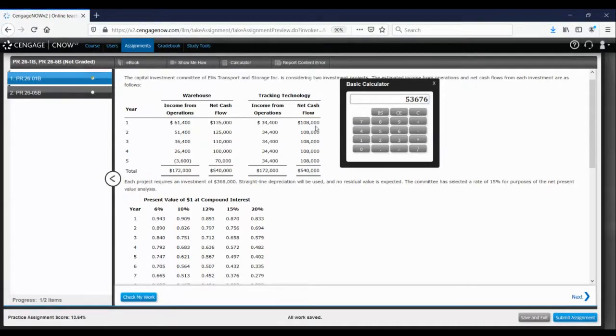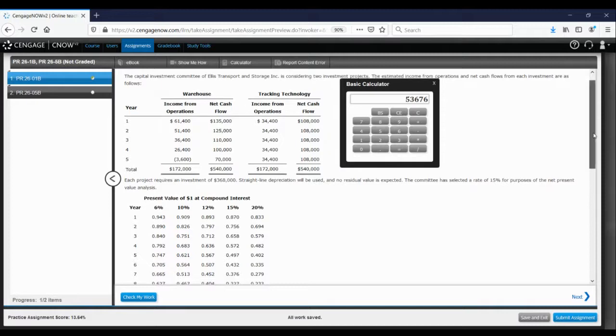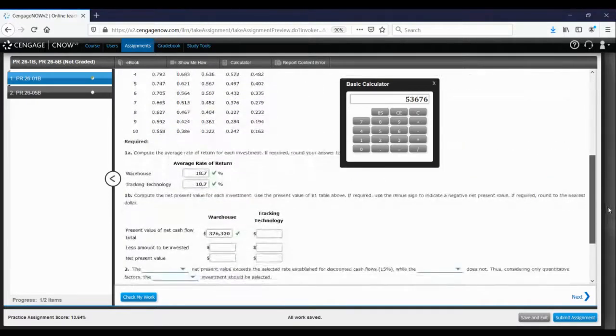Once you have each year calculated separately, you'll want to total those, and the grand total is in the tracking technology. So for year 1 tracking technology, the present value of 108,000 for year 1 was 93,960.